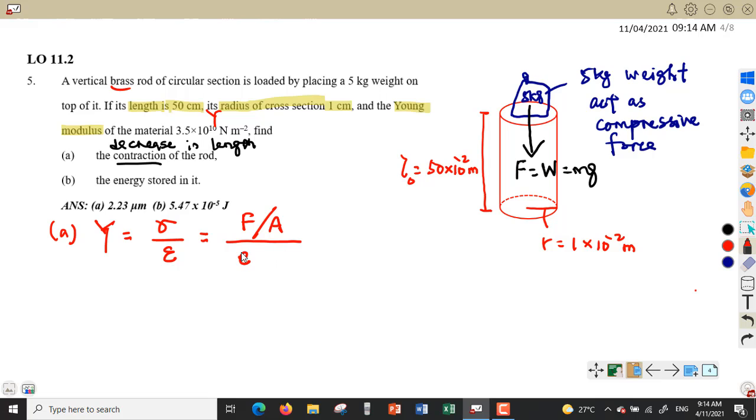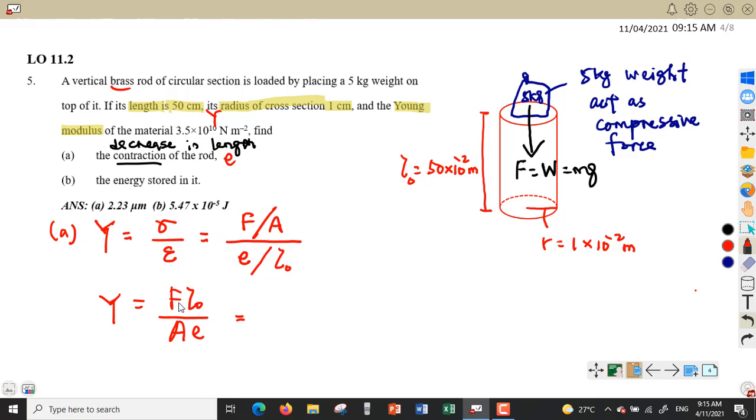Tapi kita masih guna simbol yang sama lah. Kita masih guna simbol e ya. Okay, so strain will be the contraction over the original length. So I rearrange, I'm going to have F L0 over A e. So this is the equation to calculate the Young modulus.